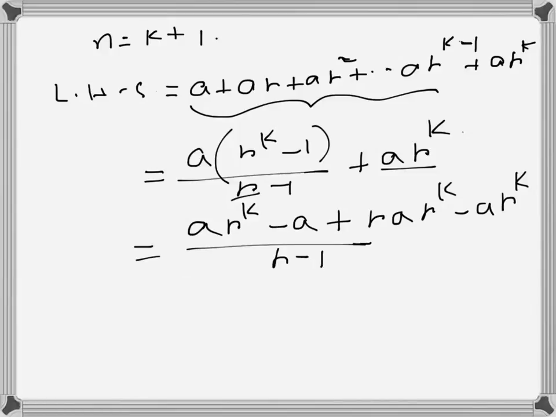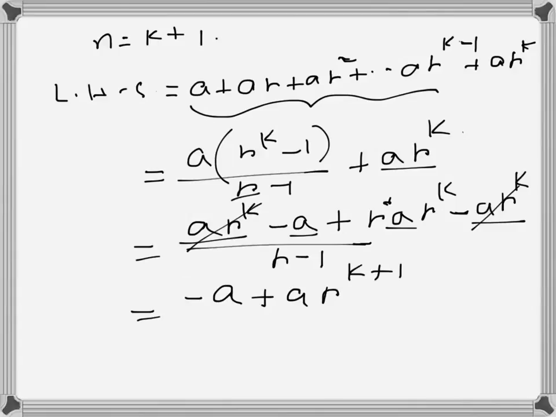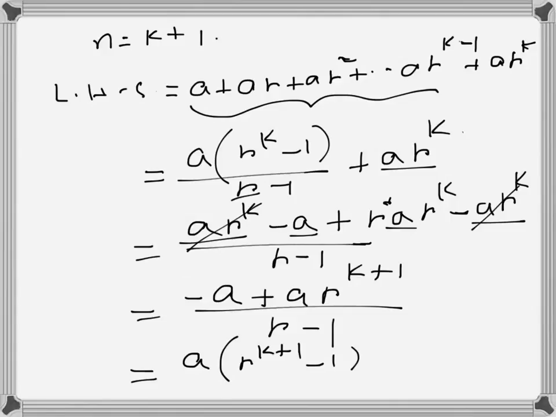So this one is minus ar to the power k, this is plus ar to the power k, so these two get cancelled, and we have minus a plus ar to the power k plus 1, over r minus 1. This can now be written as a times r to the power k plus 1 minus 1, taking the bracket, over r minus 1.